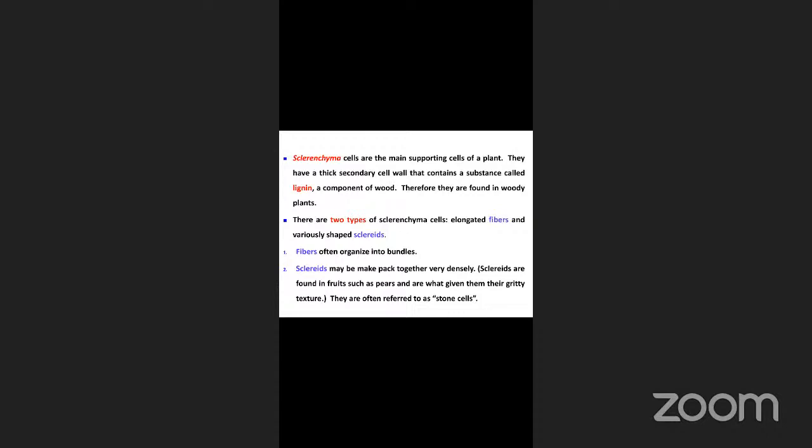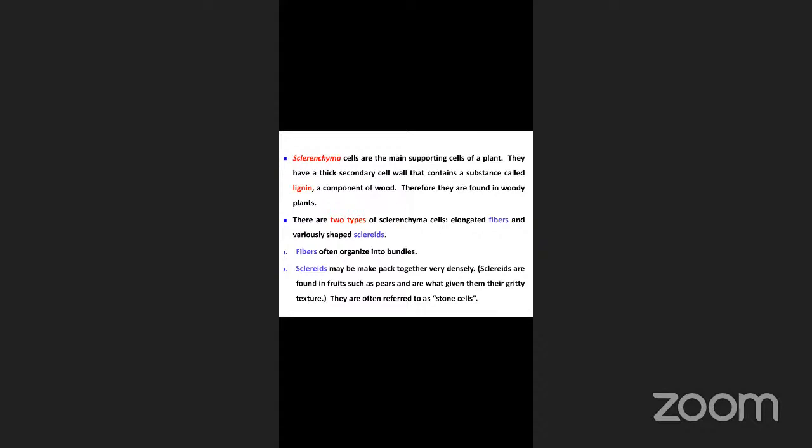Hard fibers come from monocotyledons. Examples: Agave sisalana, sisal; Tillandsia usneoides, Spanish moss; and Musa textilis, abaca. All these are hard fibers.